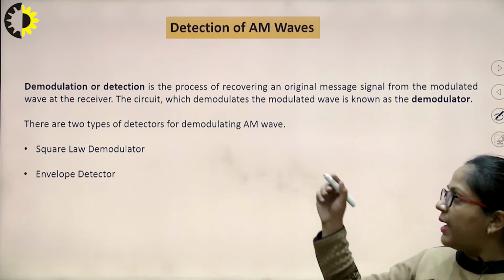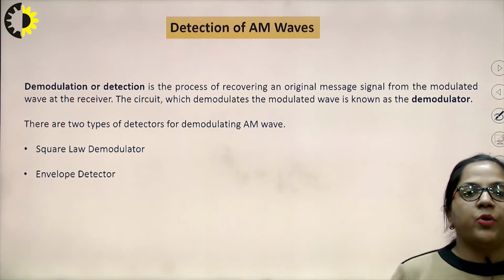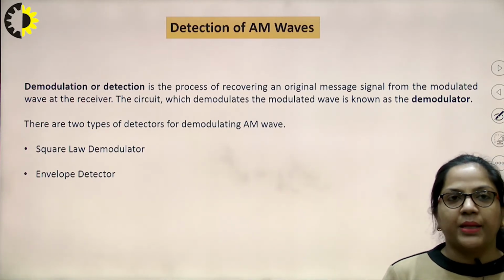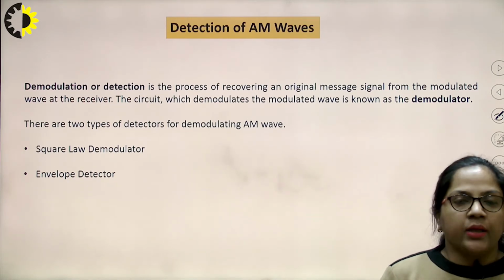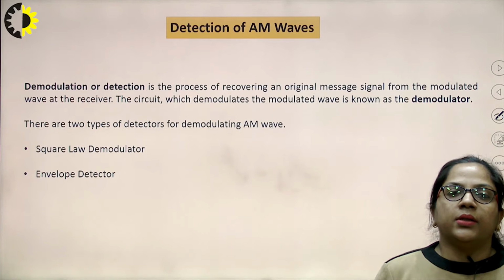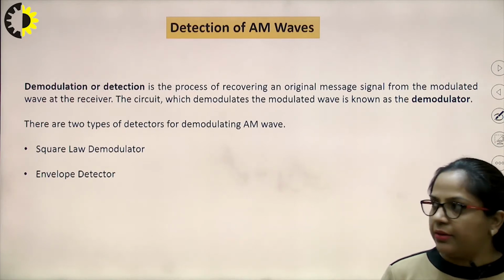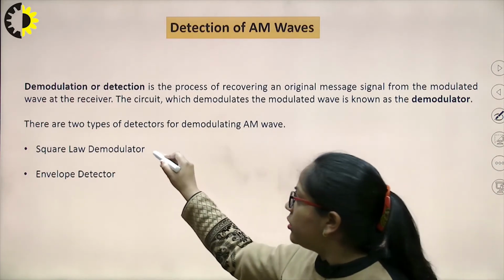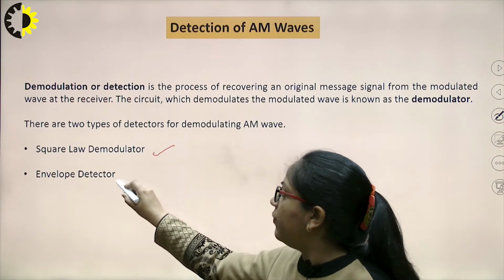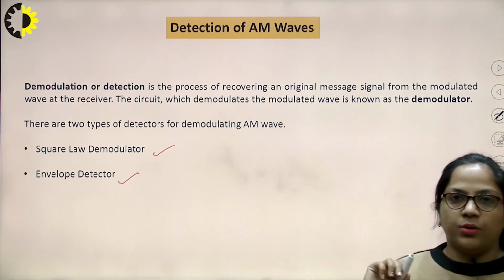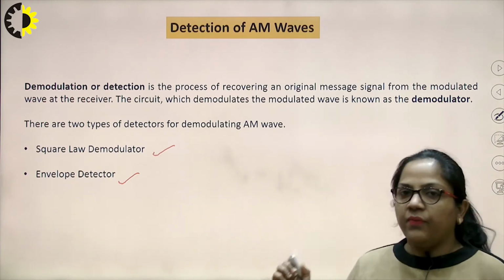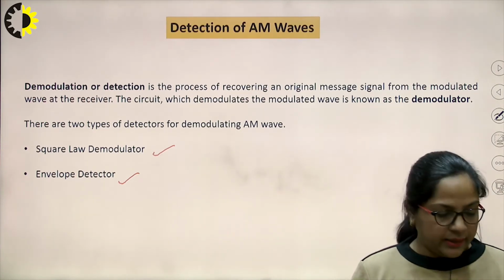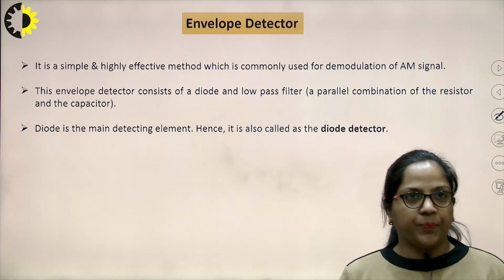The circuit with the help of which we perform this demodulation or the detection of the message signal is known as a demodulator. Here we have two important categories of demodulator, that is square law demodulator and the envelope detector. So we are going to discuss the detection of AM wave with the help of envelope detector in detail.